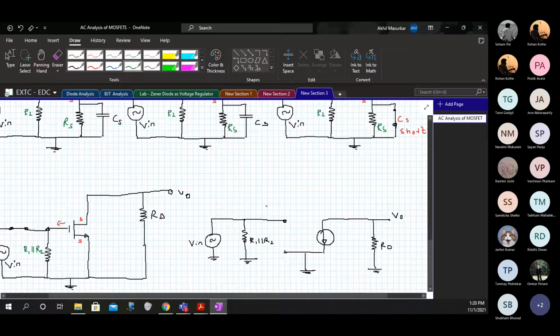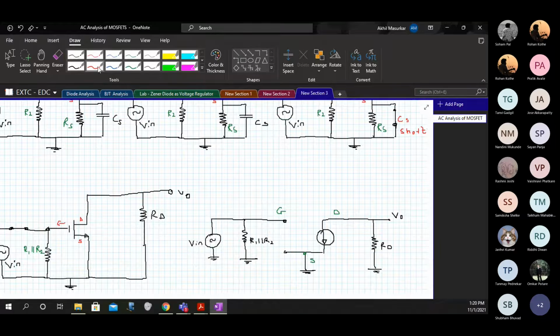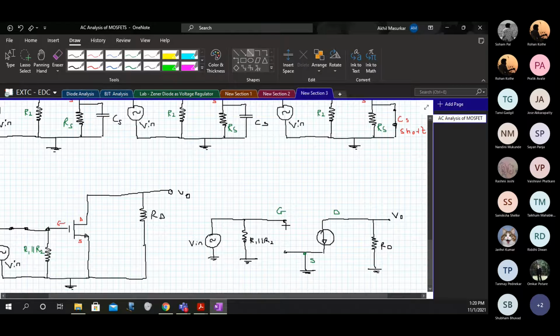So this is gate, drain, this point is source, and the voltage here is VGS. So we will always show that voltage, which is VGS, and this is the MOSFET model.